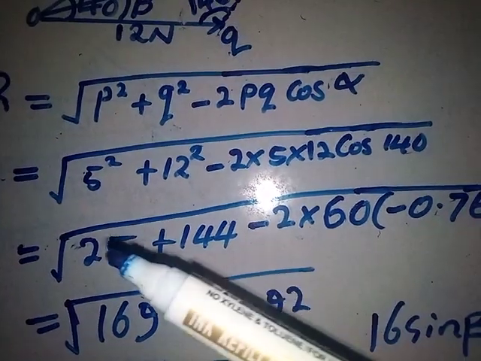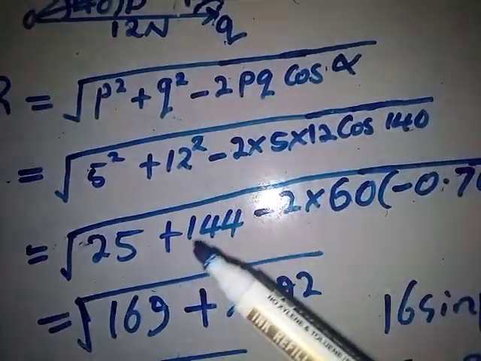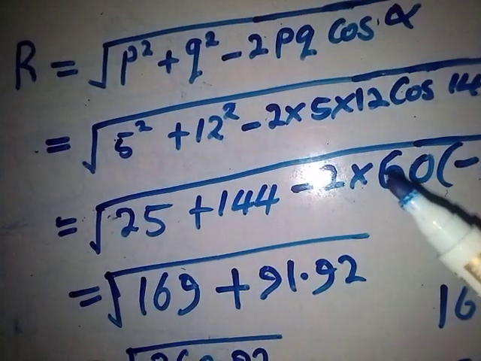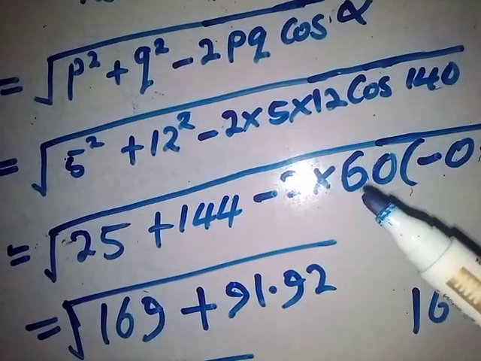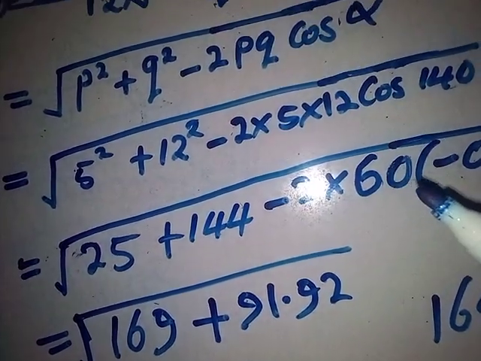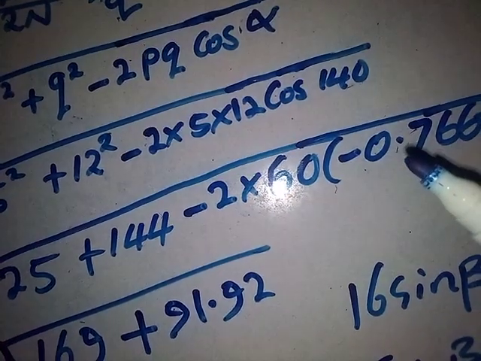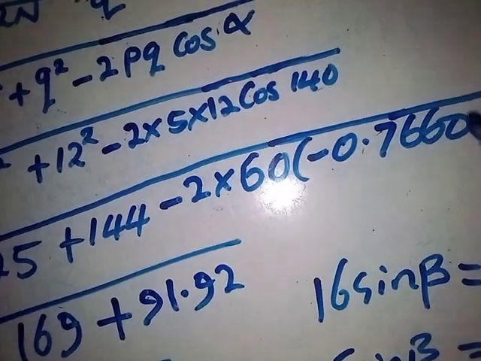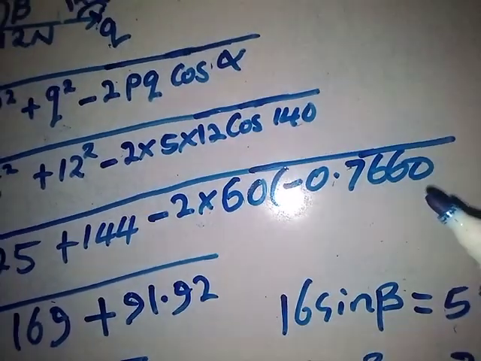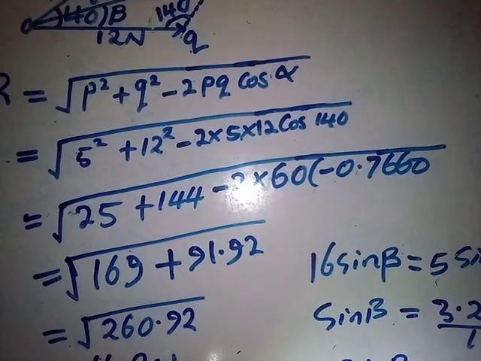All right, so here we have 25 plus 144, that's 169, minus 2 times 60, because 5 times 12 is already 60, then times minus 0.7660, since cos 140 is minus 0.7660.